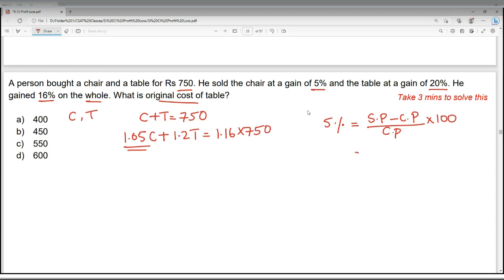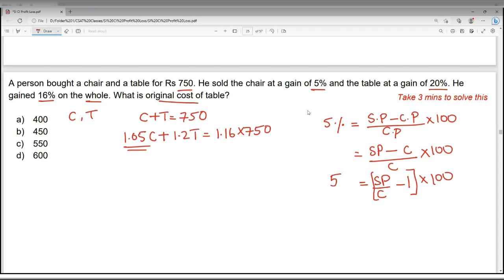We have taken the cost price of the chair as C. So the cost price was C. Let the selling price be SP. SP minus C divided by C into 100. And this is SP by C minus 1 whole into 100, and this is 5%.